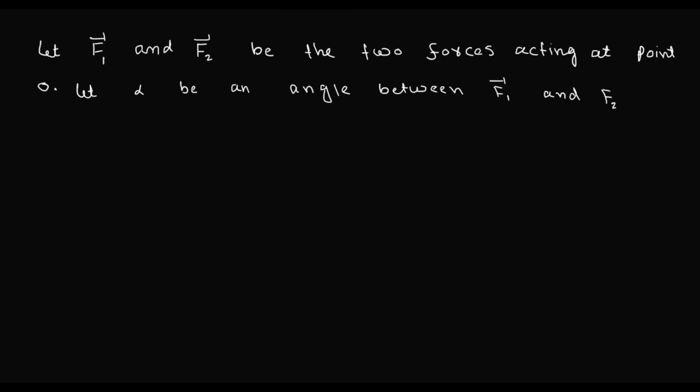Our target is to find the resultant of these two forces, the first force F1 and the second force F2. Since we want to find the resultant, let R be the resultant of these two forces.